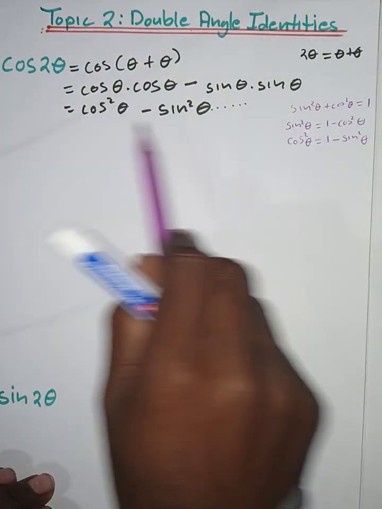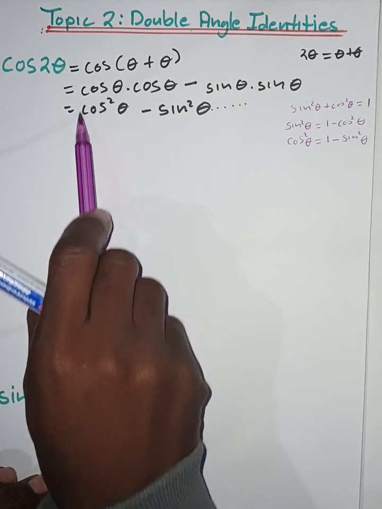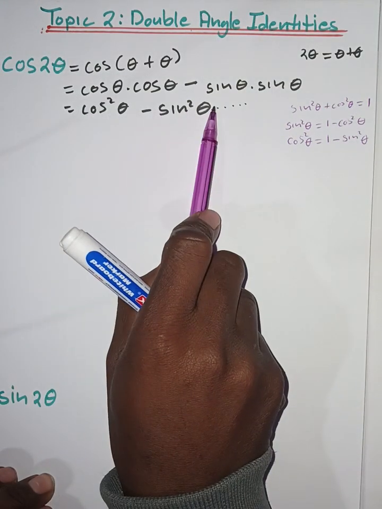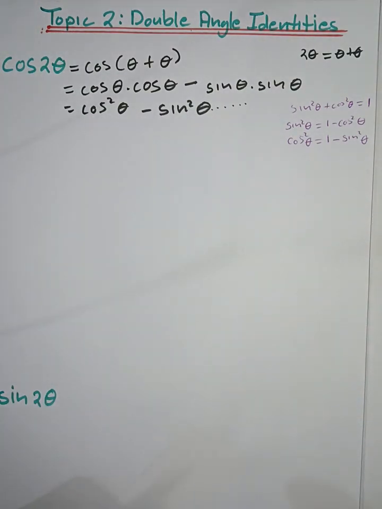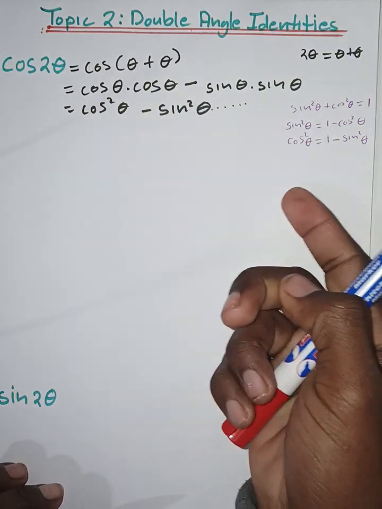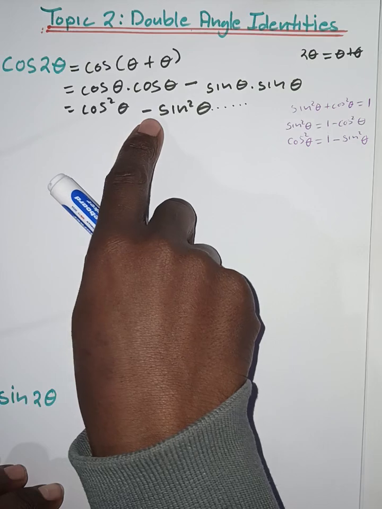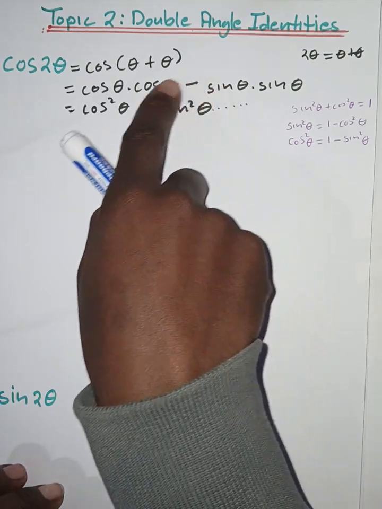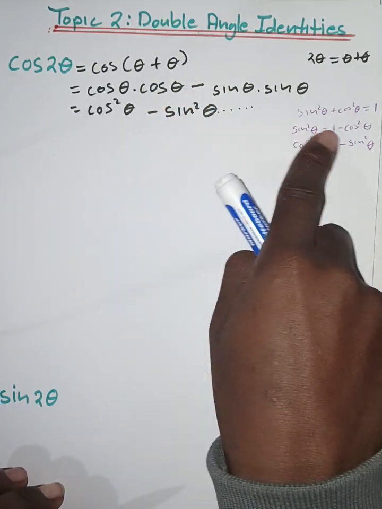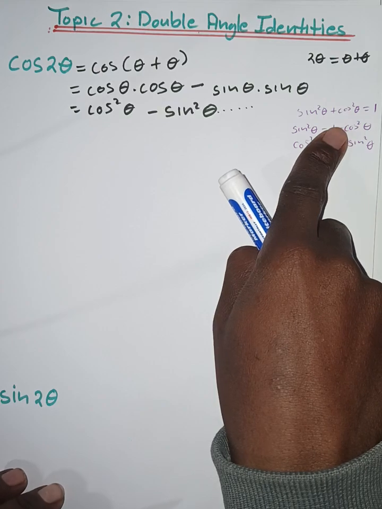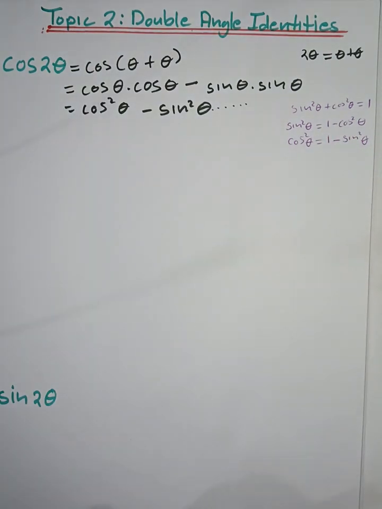Now it actually works the same way. Remember, you can see that we have cos squared minus sine squared. Now you can already see that instead of writing that as cos squared minus sine squared theta, I can actually replace that sine squared as 1 minus cos squared. So that's what I'm going to do.